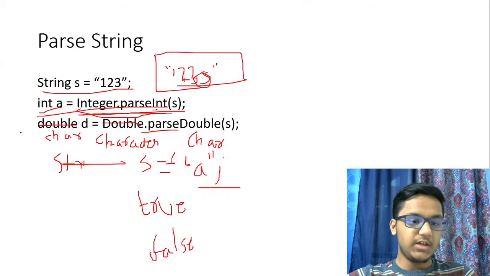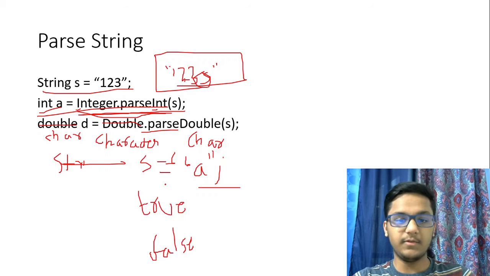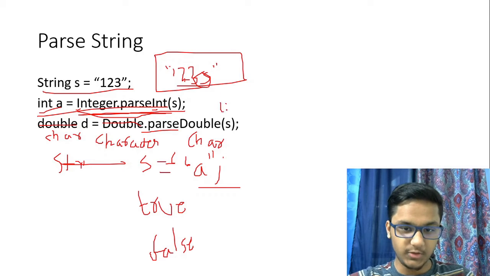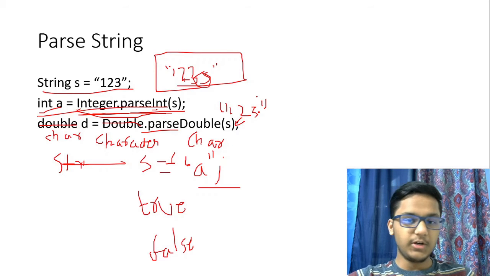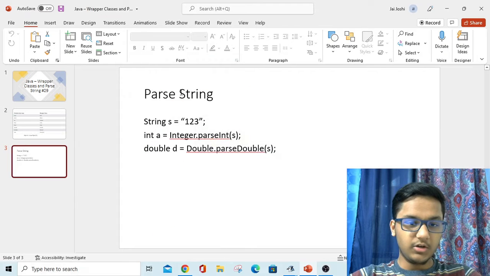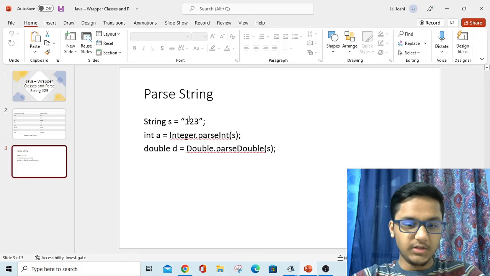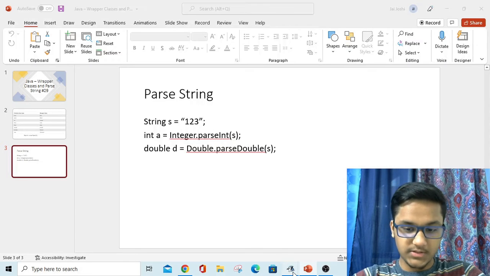You can use byte b is equal to Byte.parseByte and then s, whatever the variable of the string is. You can just put the string directly over here, inside these brackets, like a literal string. It really doesn't matter. So this parse function is very useful in our programs, and you have to learn this basic syntax to implement it in your code.